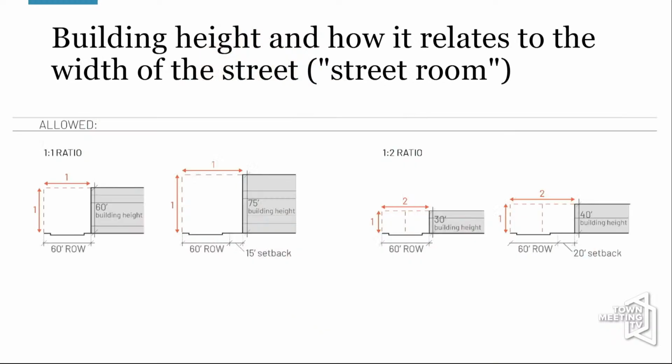So this is an illustration that would be in the code of the upper and lower limits. 1 to 1 is the upper limit, and 1 to 2 is the lower limit. The 1 to 2 is to make sure that we don't end up with a landscape that looks too barren. But the 1 to 1 is the upper limit to make sure it's not too imposing from the point of view of the street.